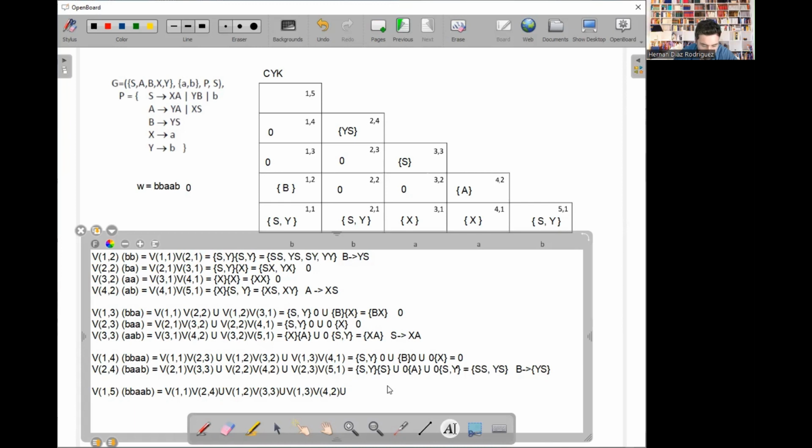Or we could produce the first four characters and then the last one. Right, so these are all the possible combinations. Let's check one by one, right? How can we produce this?